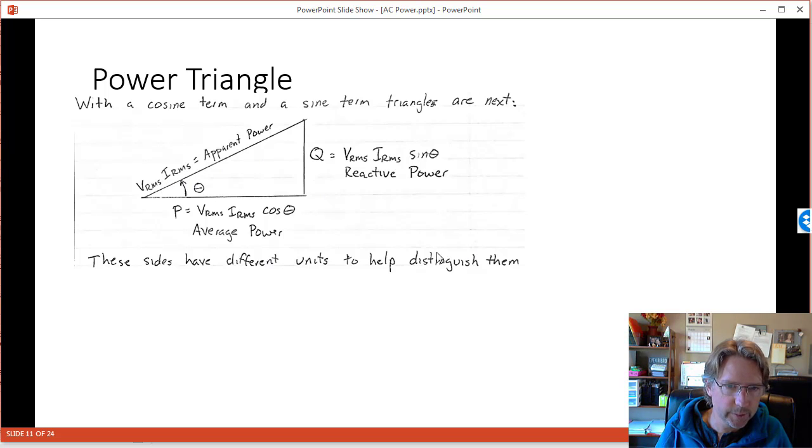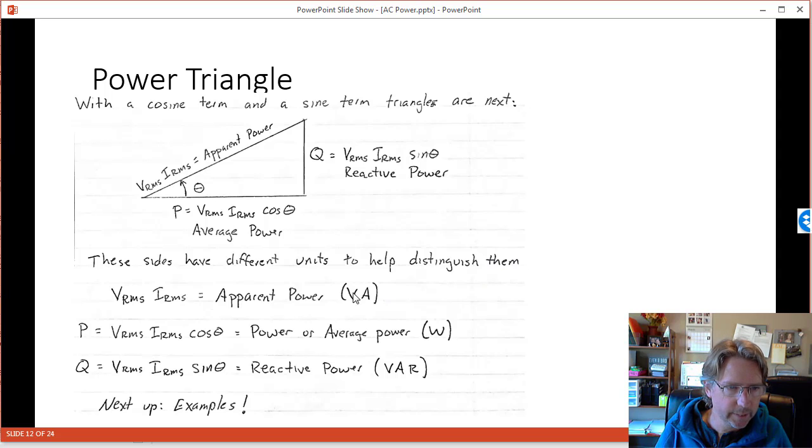Generally, these have different units. So we'll see apparent power, the hypotenuse, has the units of volt amps, VA. Volts times amps is watts, but they call it VA to make it clear that it's not the average power. For the average power, P, we use watts because that's the main one.